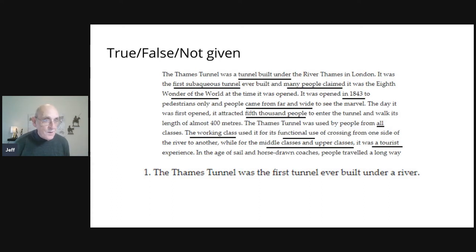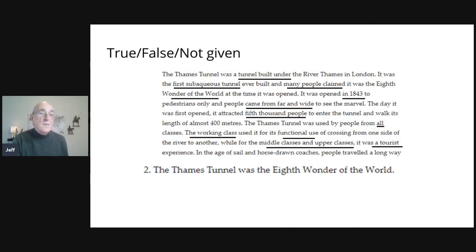And that confirms that this answer is true. Okay? And that subaqueous, I'm just mentioning again, wasn't really a clue, but what was on either side of it was the best clue, the adjective and the noun, first tunnel. Okay, so there we've got the answer to our first question.